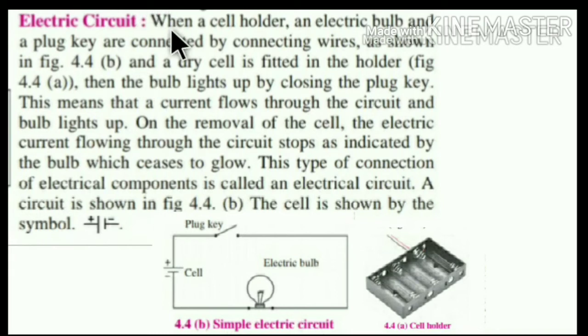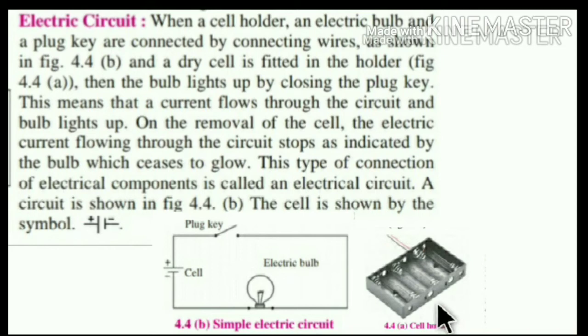Electric circuit: when a cell holder, an electric bulb and a plug key are connected by connecting wires as shown in figure number 4.4 B, this is a simple electric circuit.